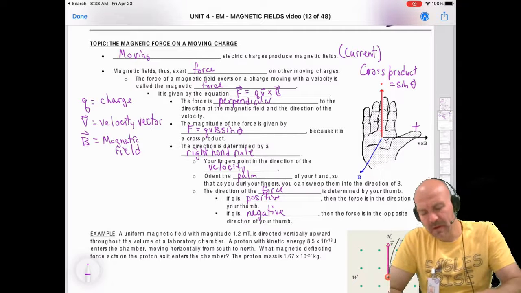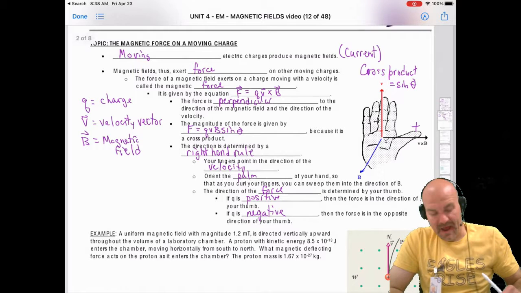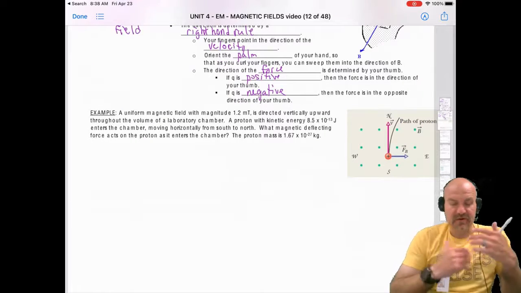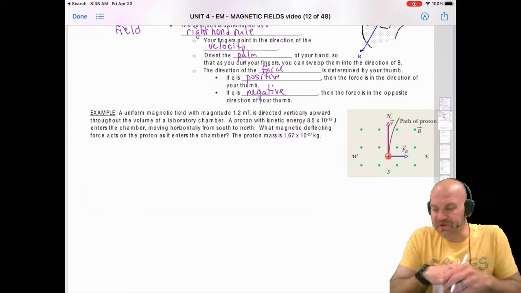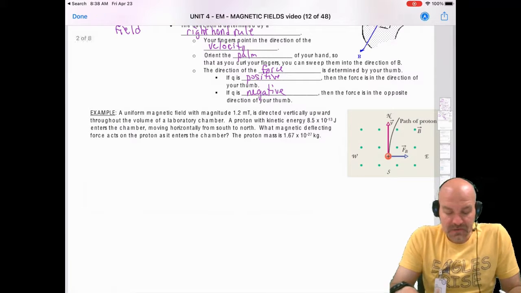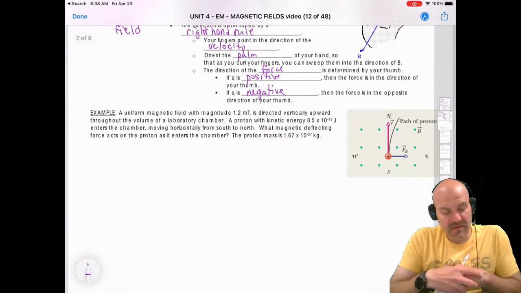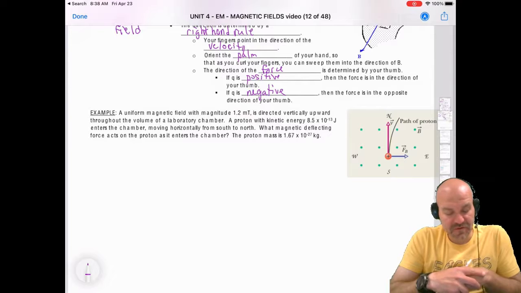Now, what they like to do with these problems is pass an electron or a proton into a field, and then determine certain things. So if we look at this example problem, it says a uniform magnetic field with a strength of 1.2 milliteslas is directed vertically upward through the volume of a laboratory chamber.